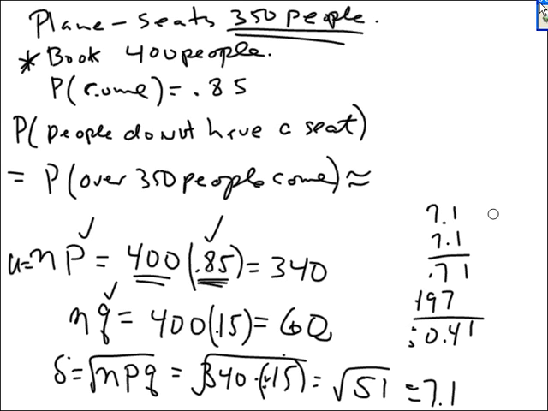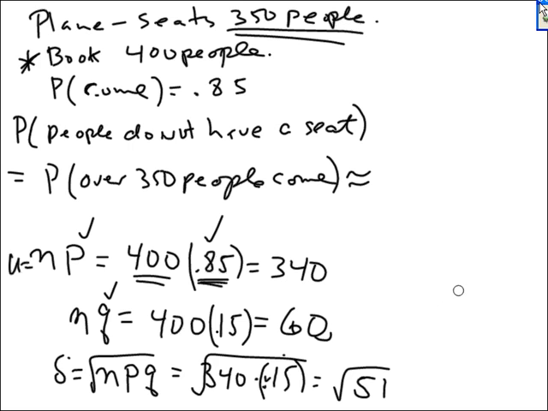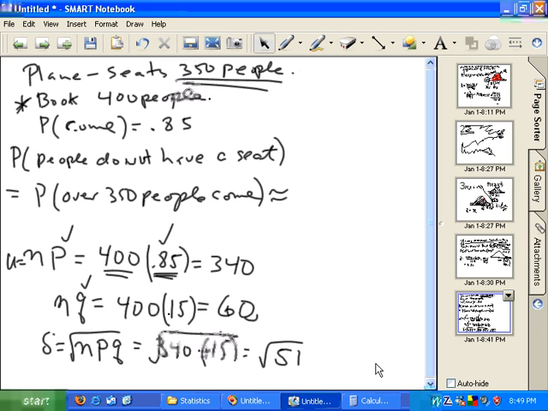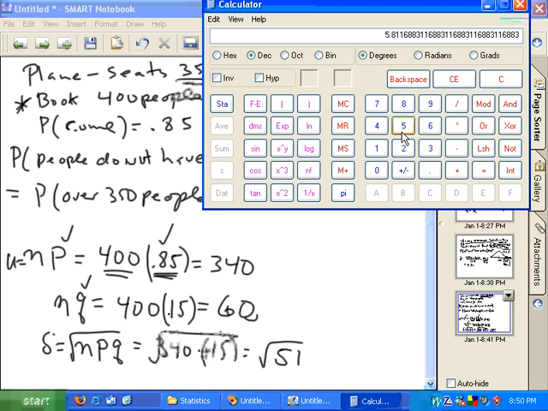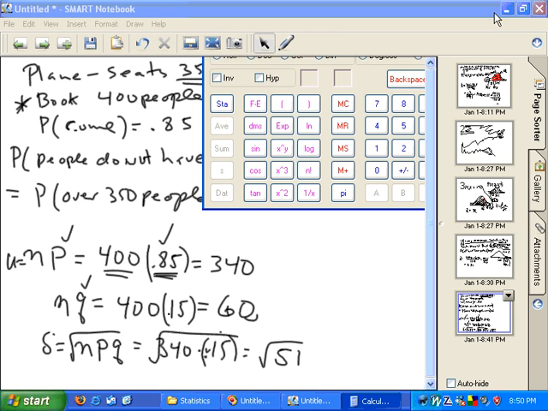Actually, why don't we use a calculator to get a better approximation? But at least know it's a little bit more than 7, because 51 is a little bit more than 49, and the square root of 49 is 7. So we want 51 raised to the 0.5 power, 7.14.